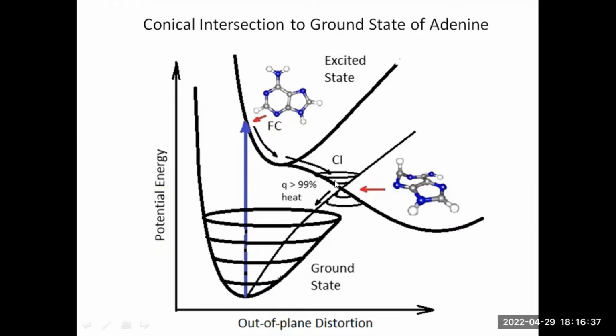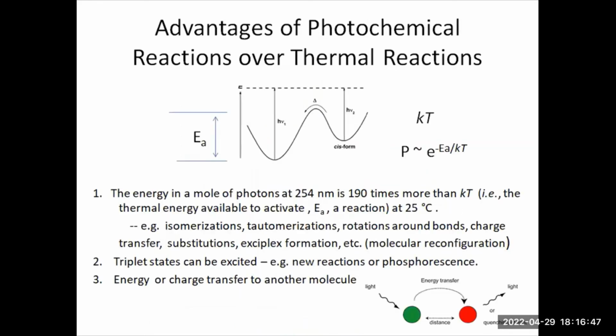So this allows us to go very quickly to the ground state from the first excited state. And this is internal conversion. And this is in picoseconds for adenine.